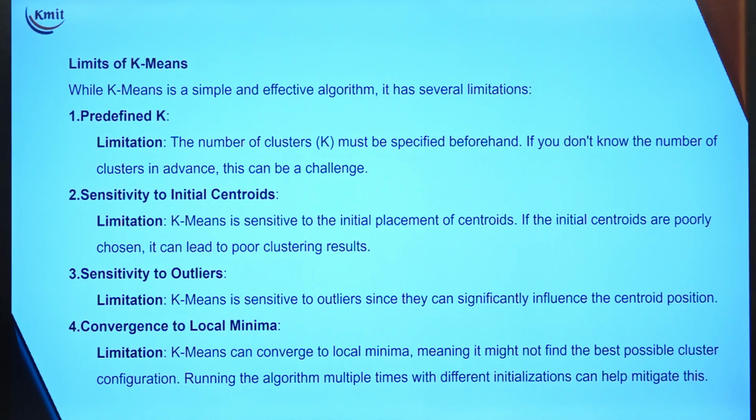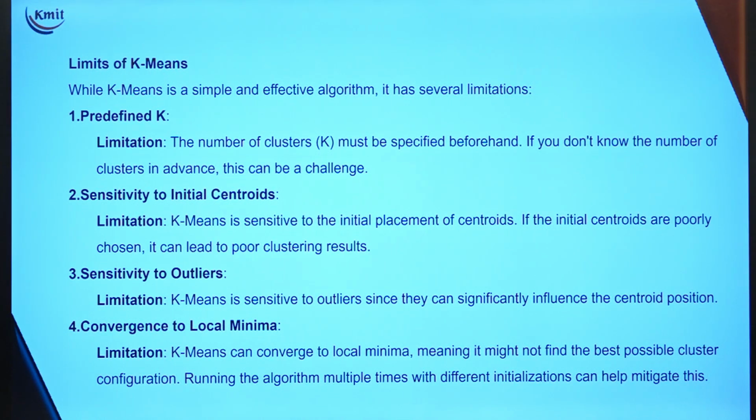Then sensitivity to initial centroids. We are assigning the centroids multiple times, so k-means is sensitive to the initial placement of centroids. If the initial centroids are poorly chosen, then the algorithm will give poor results. K-means is also sensitive to outliers, since they can significantly influence the centroid position.